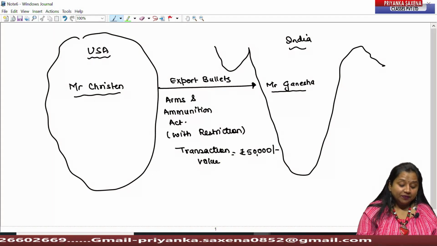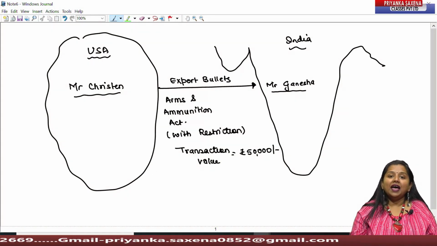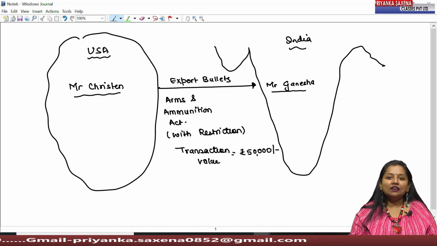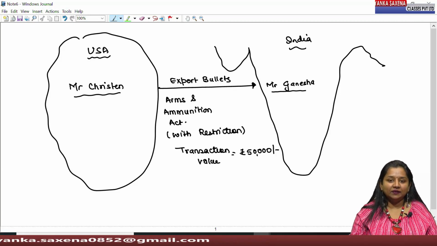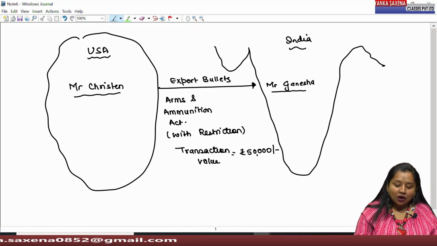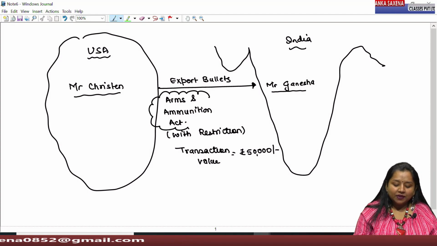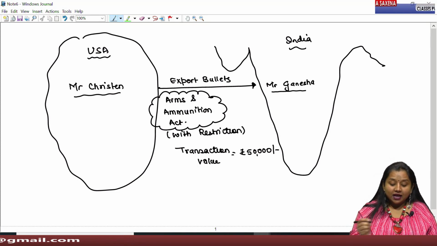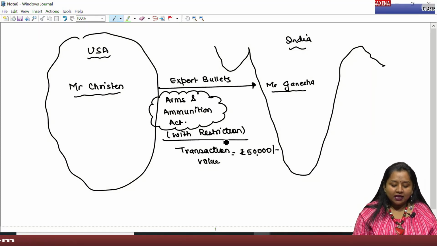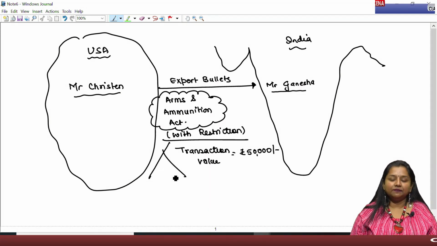For example, in order to have control on the sale of different arms and ammunition, that is weapons, which are dangerous for social security, the lawmaker has created a law in the name of the Arms and Ammunition Act. Under this Act, there are two conditions.